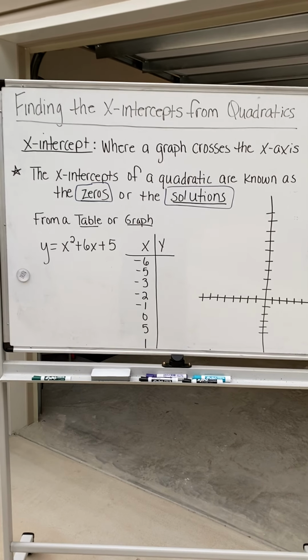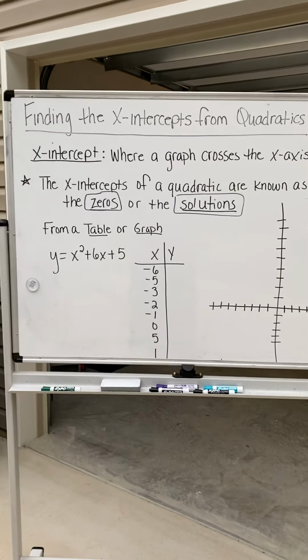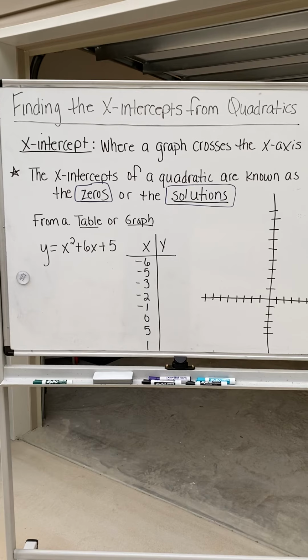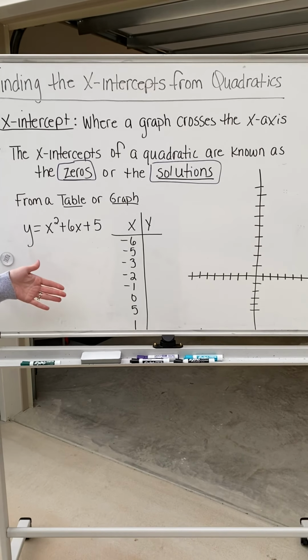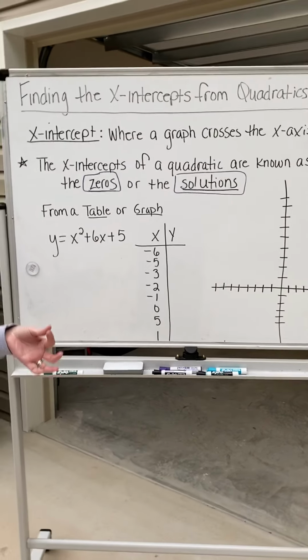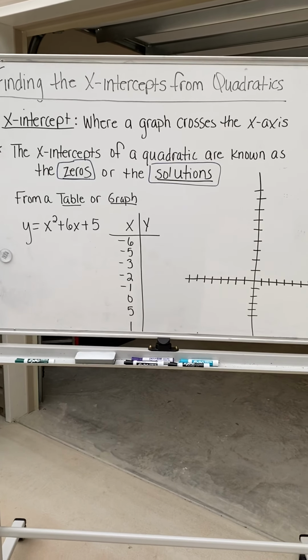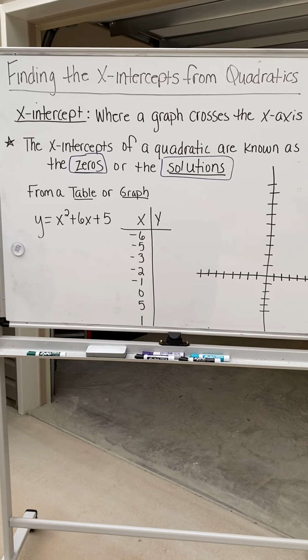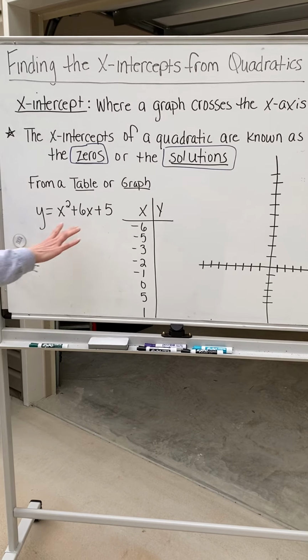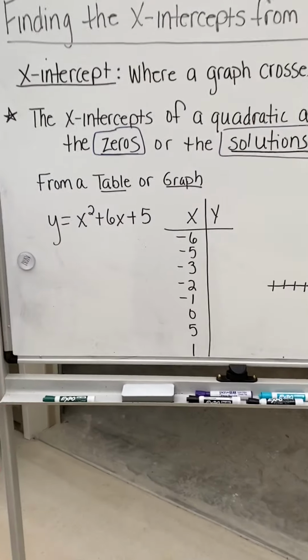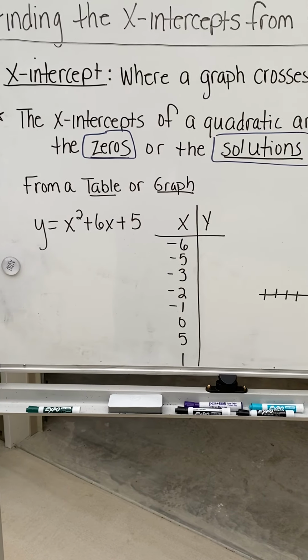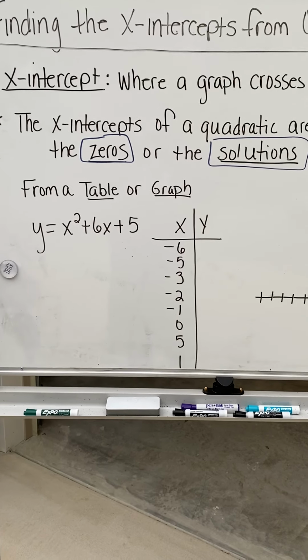So there are a couple of ways to find the x-intercepts from a quadratic. One way is to actually graph the quadratic and to see where it crosses the x-axis, if it does. Some quadratics are not going to cross the x-axis. You can always plug this into the Desmos calculator, which may be an option for a lot of you, and it might be the method that you choose.